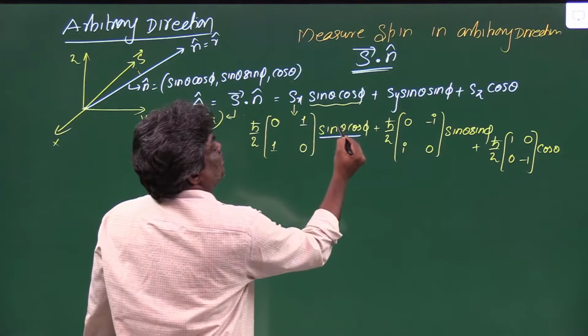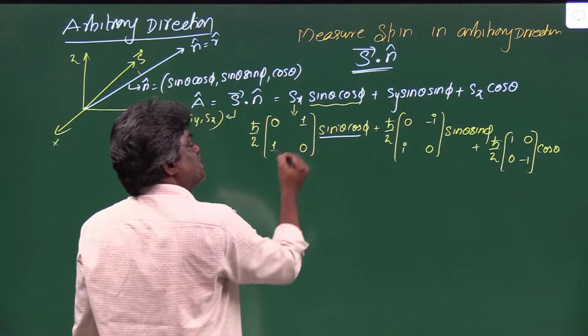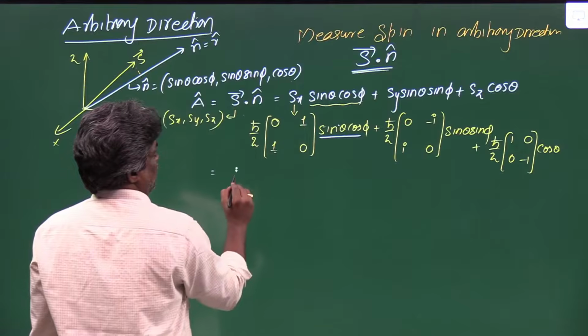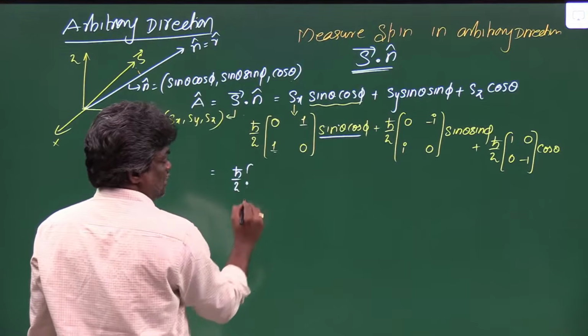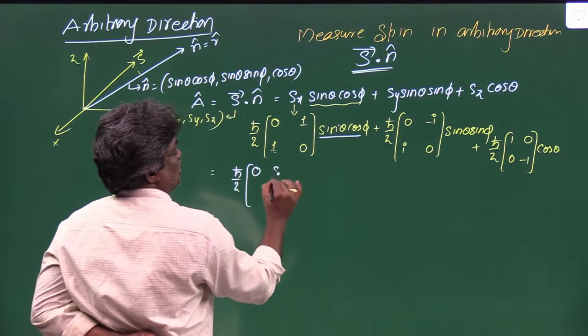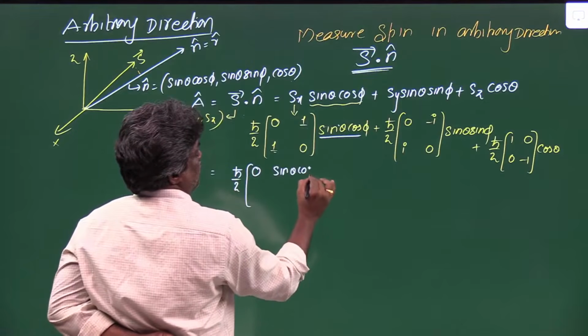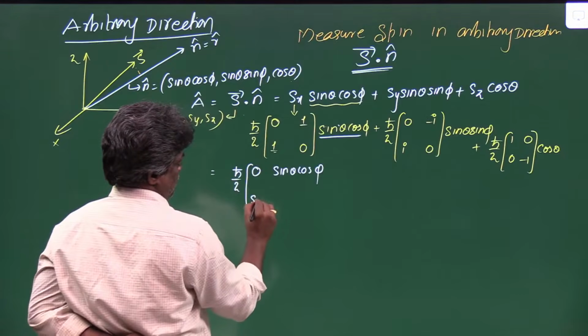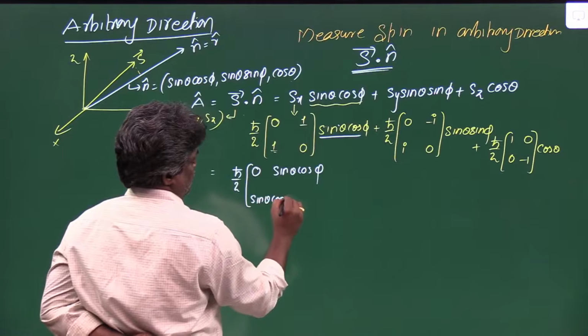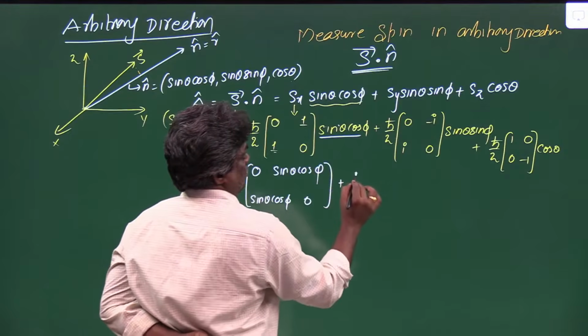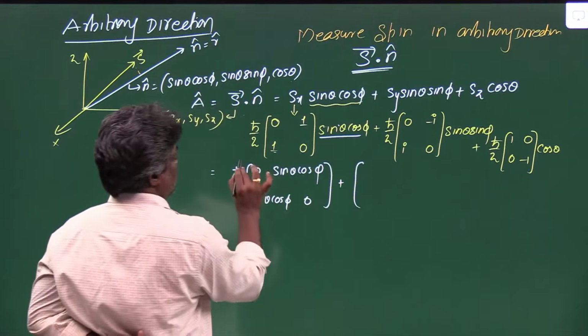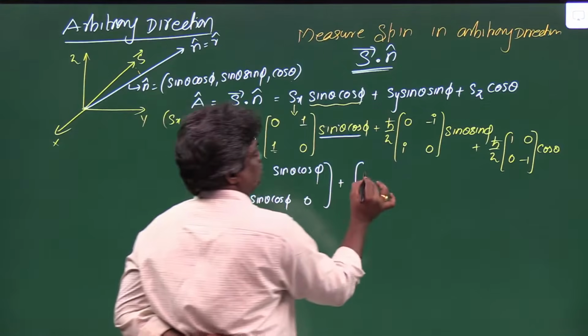So this will take and multiply with each and every element. Now h cross by 2, 0 sin theta cos phi, sin theta cos phi, 0, that's it. Plus, I am not writing h cross by 2, I am taking it common.